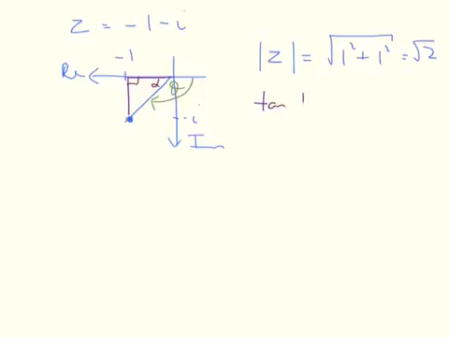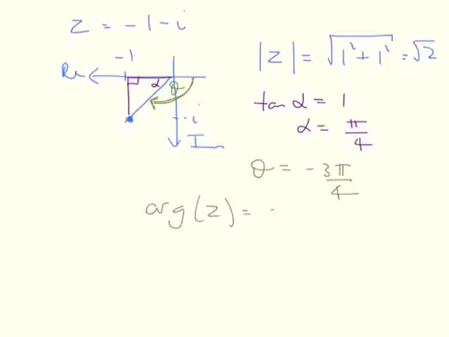So tan alpha, not worrying about what quadrant it's in, tan alpha is 1, so alpha equals pi on 4. So theta, coming this way, which is in the negative direction, but I stop pi on 4 before the end, is going to be minus 3 pi on 4. So therefore the argument of Z is minus 3 pi on 4.